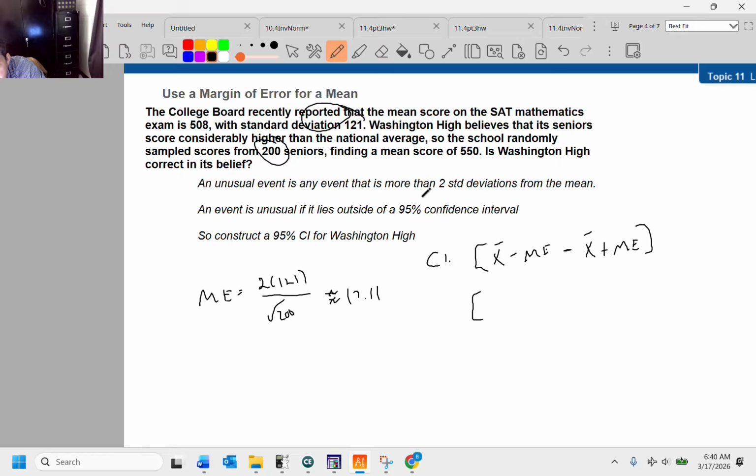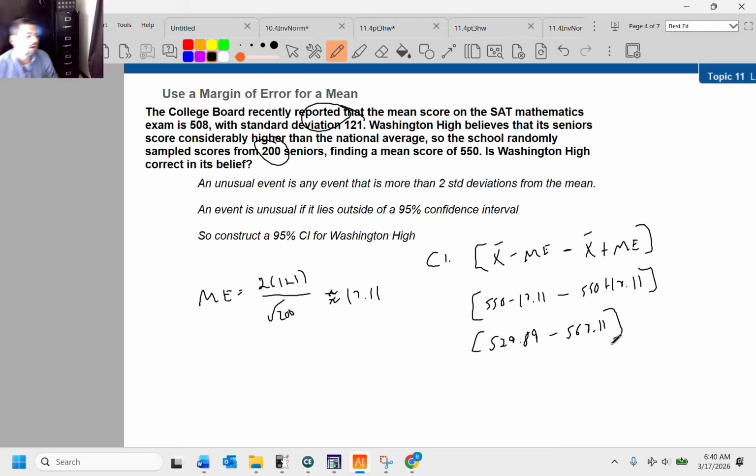We're going to have 550 minus 17.11 through 550 plus 17.11. So 550 take away 17, we're looking at 533, 532.89 because of the decimal. Then we can add 567.11.